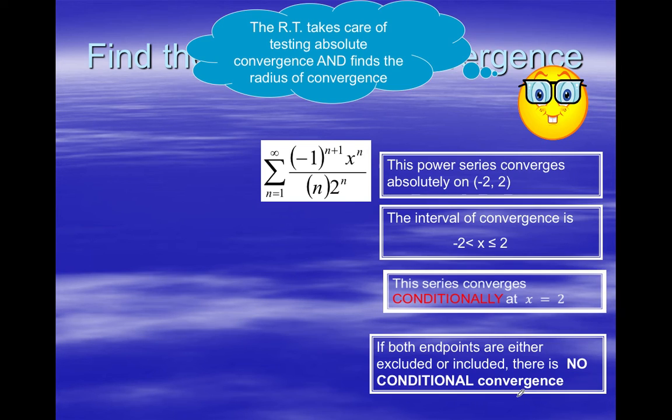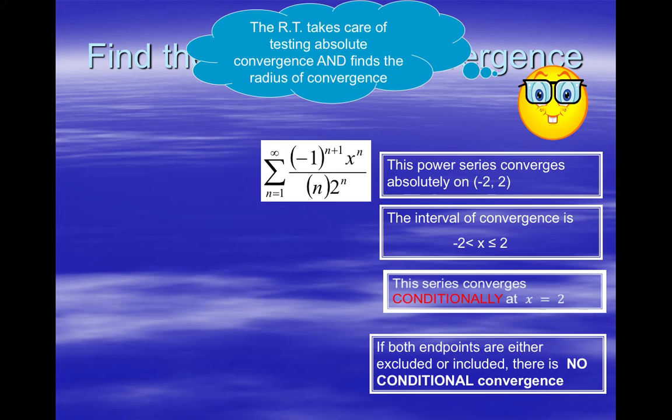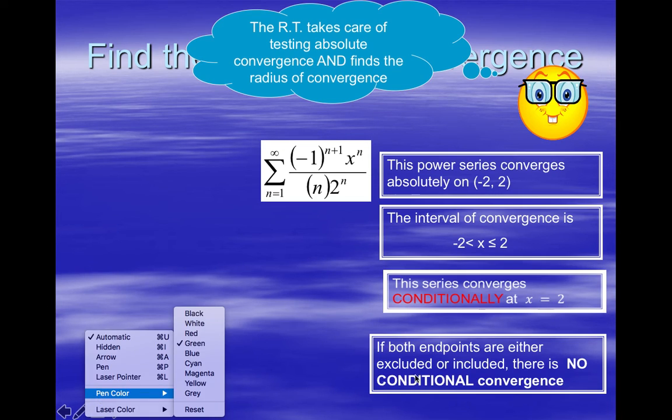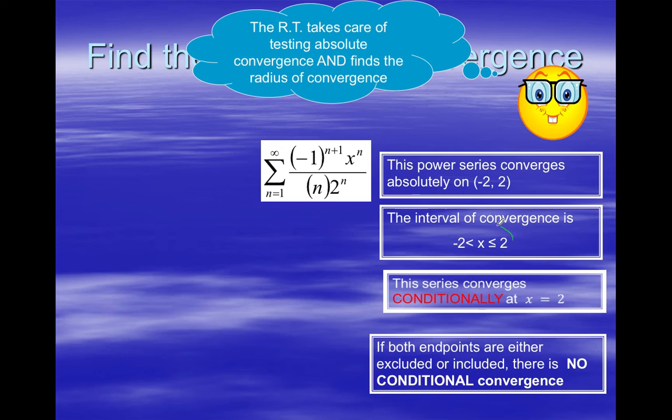If both endpoints are either excluded or included, there is no conditional convergence. It doesn't make any sense to talk about whether I have conditional or absolute at -2. So the only time you have to worry about whether a series converges conditionally is if you have one of the endpoints with equality.